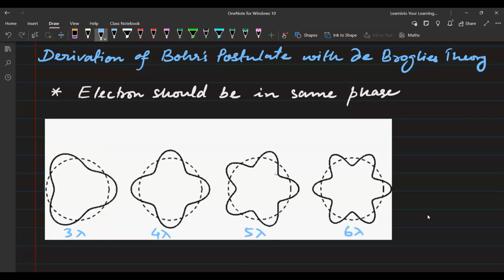As you can see that the circumference of a particular orbit, ये क्या है पूरा का पूरा? This is the circumference ना. Circumference of the orbit is integral multiple of lambda. Either it is 3, 4, 5, 6, 7, 8, 9. ऐसे 1.5, 2.5 कुछ नहीं आ रहा.